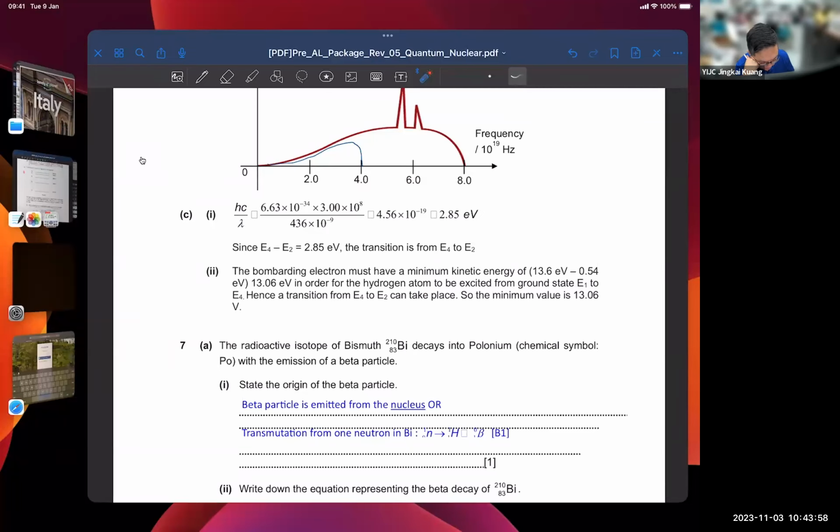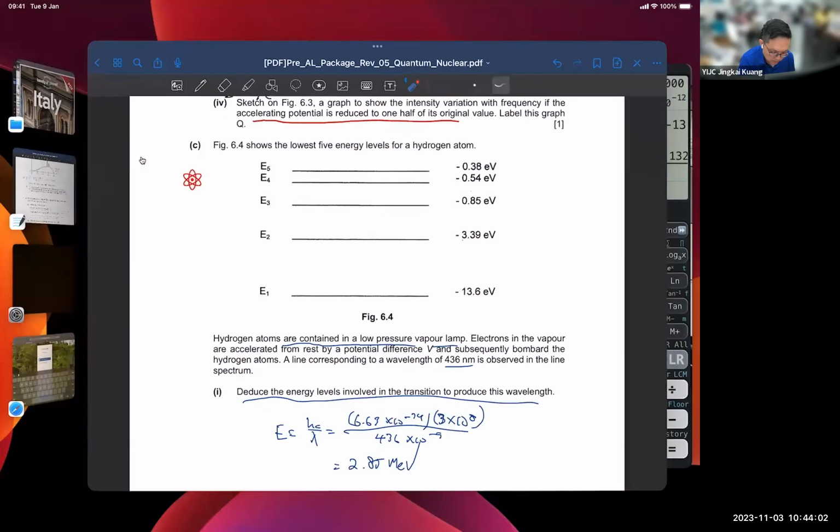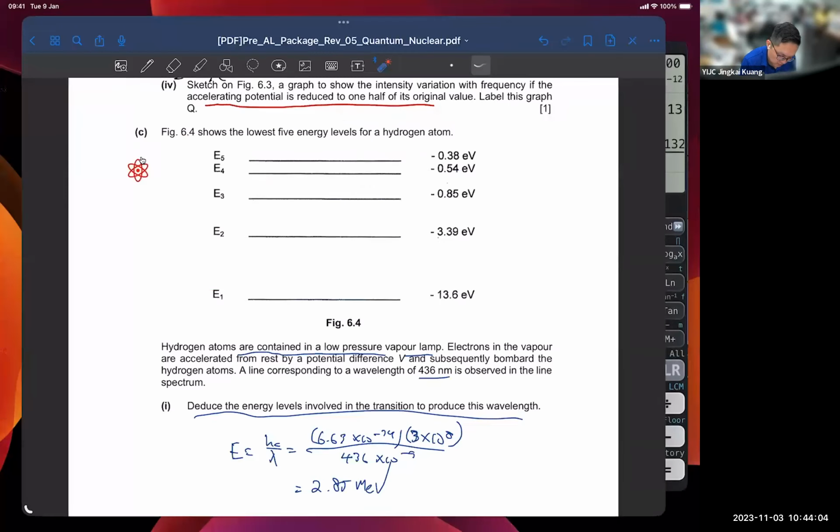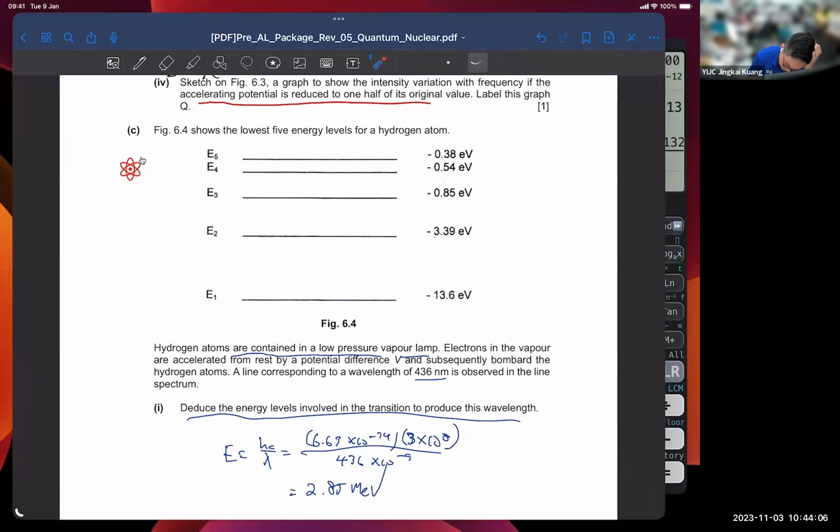Because I was thinking, do you assume that they're all at ground state? What if they are here? But because it's a low pressure vapor lamp, I guess. Yeah, so you need to give it enough energy to go up to here first, before it can make this transition for you.